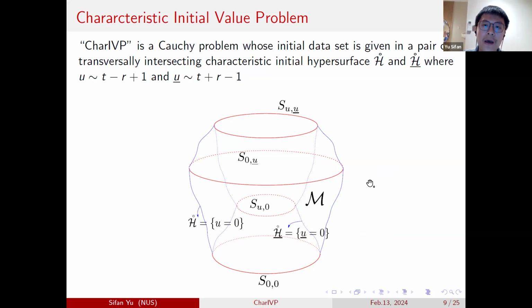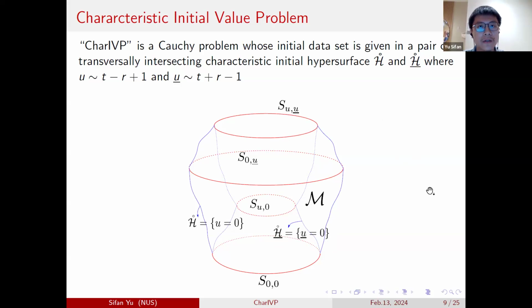My blue line is curved because, again, the metric depends on the solution, so the characteristics are curved as well. Moreover, the intersections between H and H bar, denoted by S u u bar, are two spheres. I'm compressing one dimension here, so you see circles, but they should actually be spheres.